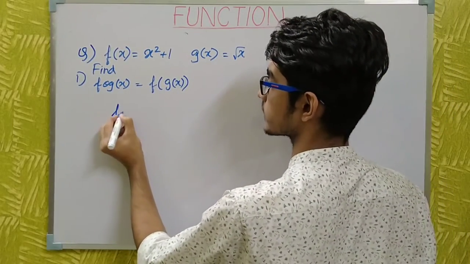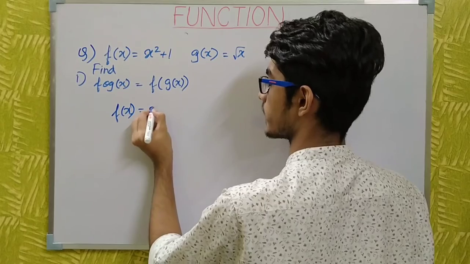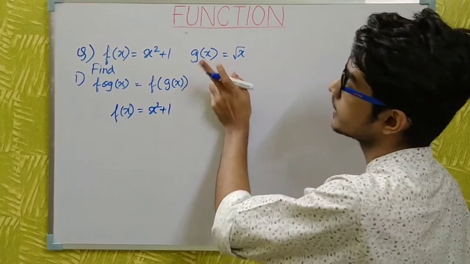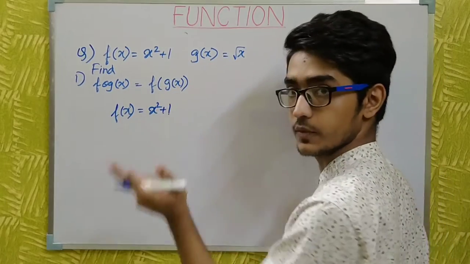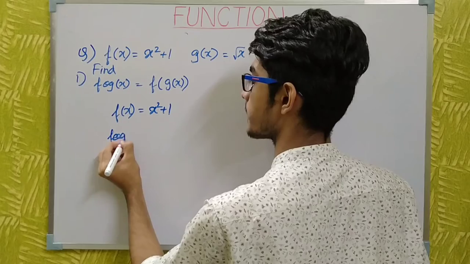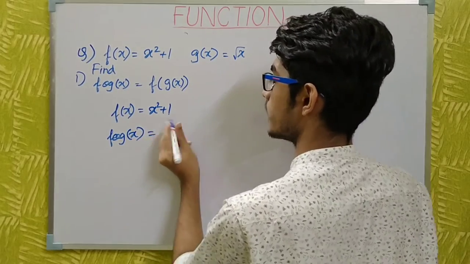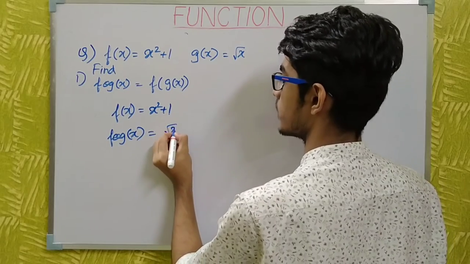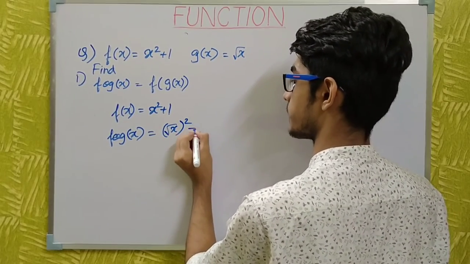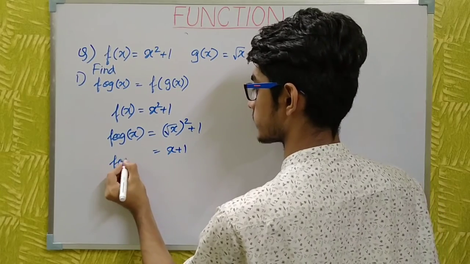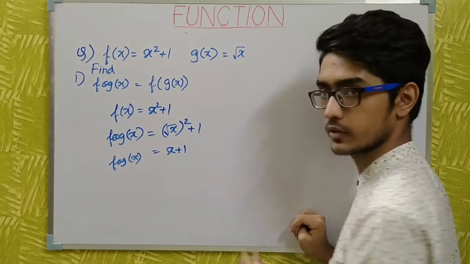That is, fx equals x square plus 1. Now in this place of x we will put the value of gx. Then fog x will be, in the place of x we put root x, then whole square plus 1, which means x plus 1. Fog x is x plus 1.